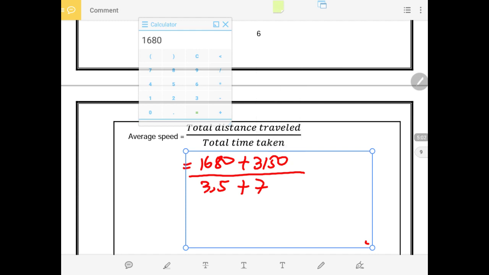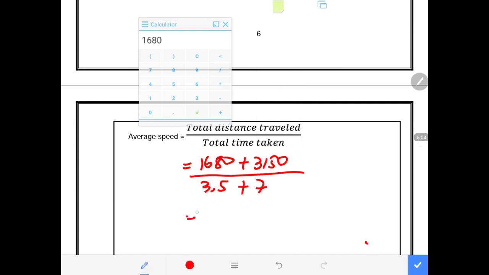So now we have calculated that. We just need to divide and see how much we get. 1,680 plus 3,150 gives us the total distance. The distance traveled by this aeroplane was 4,830, and the total time will be 10.5 hours.